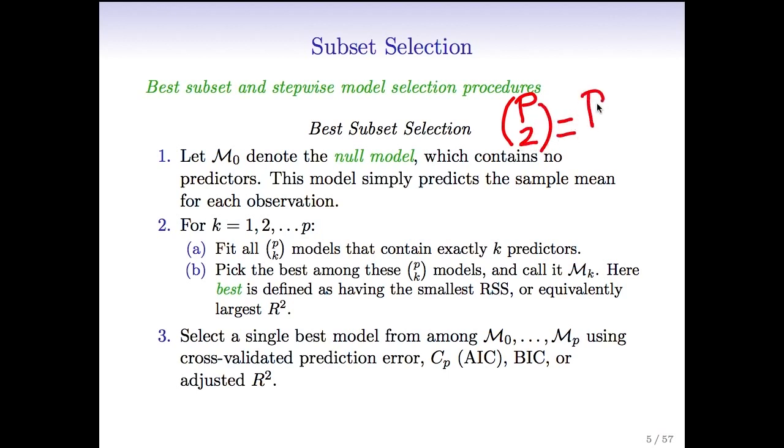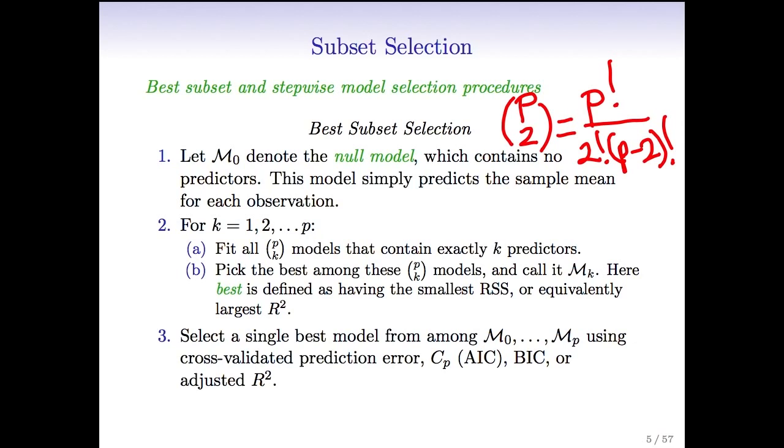It's equal to P factorial divided by 2 factorial times P minus 2 factorial, and that is the number of possible models that contain exactly 2 predictors out of P predictors total. So I can consider all P choose 2 models containing 2 predictors, choose the best one, and call it M2.